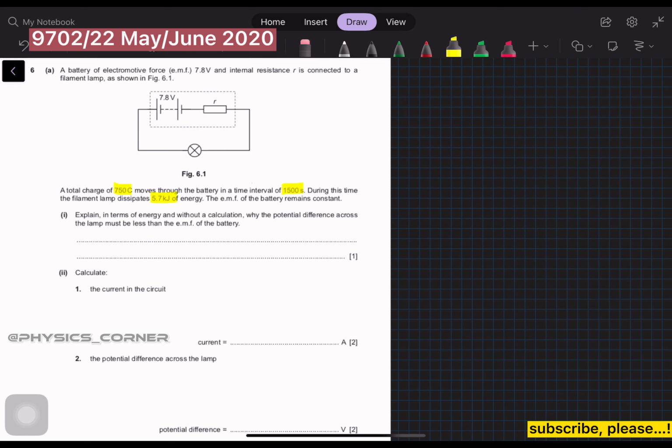Yeah, so because they are already absorbed by internal resistance.